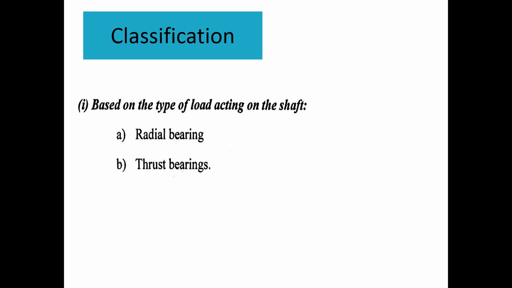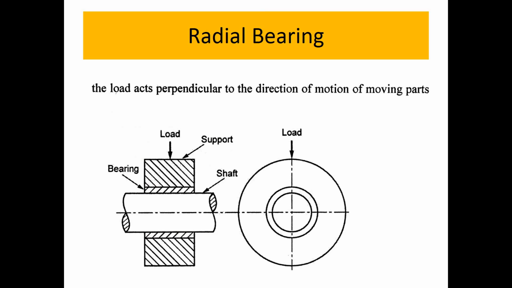First, based on the type of load acting on the support, there is the radial bearing and the thrust bearing. A radial bearing is one where the load acts perpendicular to the direction of motion. See here, the shaft axis is horizontal, but the load is acting vertically.